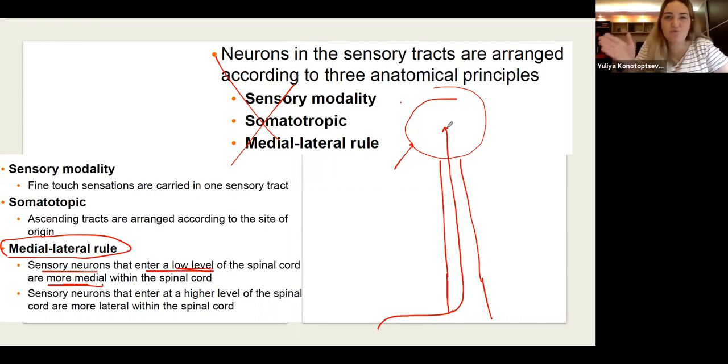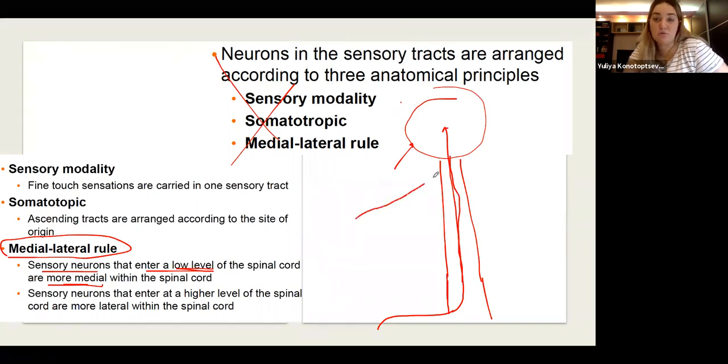But if you don't need to take the exit, you keep left, you keep medial, you don't go towards the exit. So if you are from the lower part of the body, you are located medially in the spinal cord. But what if I'm from the upper part of the body? I just entered, right? And soon I'm going to take another exit. I keep right, I keep lateral.